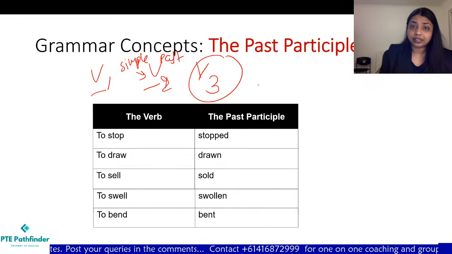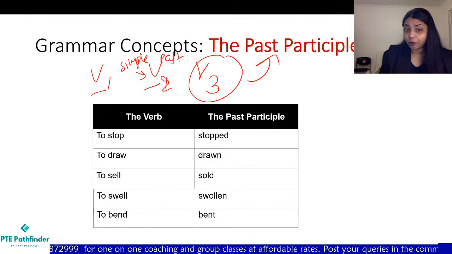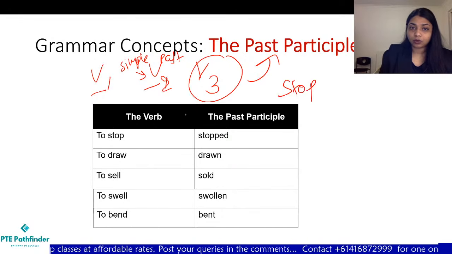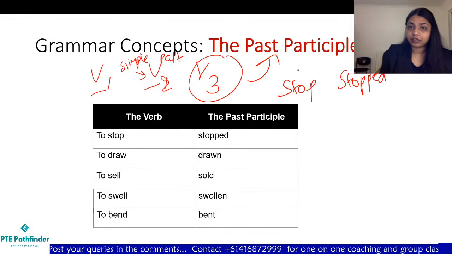And verb 3 is the past participle. Now, whenever we are talking about past participles, we are looking at the verb 3 form. So if you look at verbs such as stop, the verb 2 would be stopped, and verb 3 here would be stopped as well.